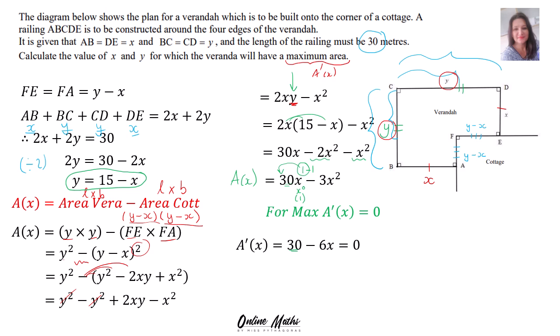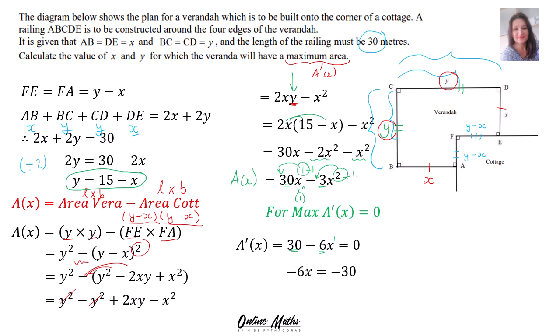Then for the second term, when we find the derivative using the laws, the 2 will go to the front. It multiplies with the negative 3, and then you subtract 1. So 2 minus 1 is just 1. So now we end with 30 minus 6X is equal to 0.